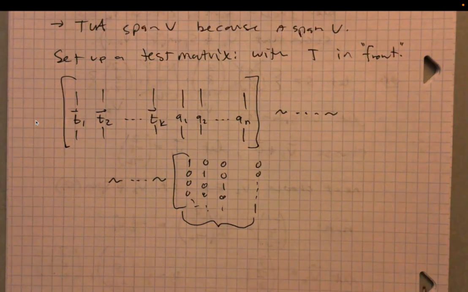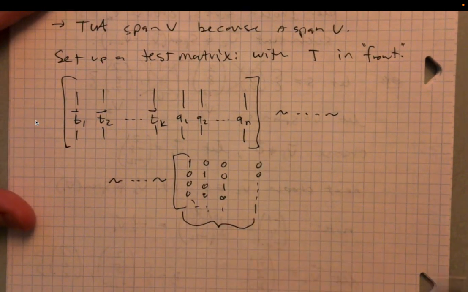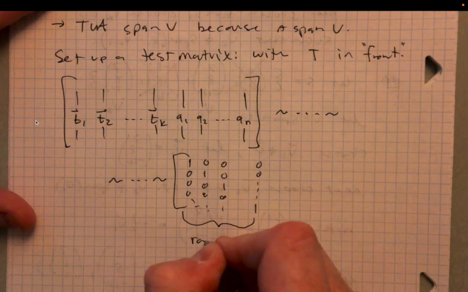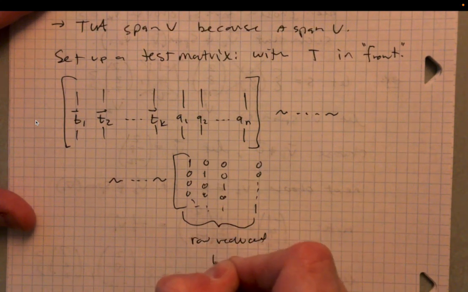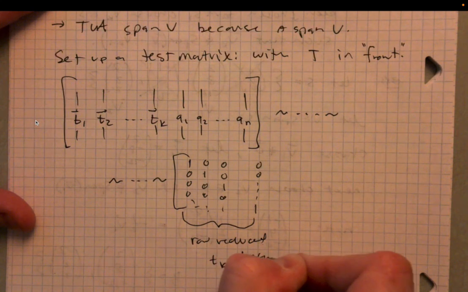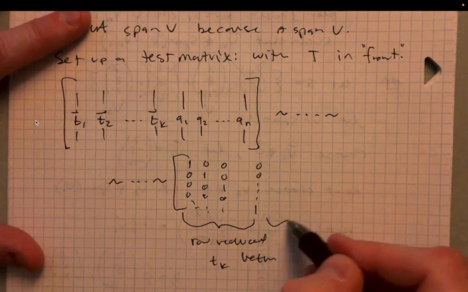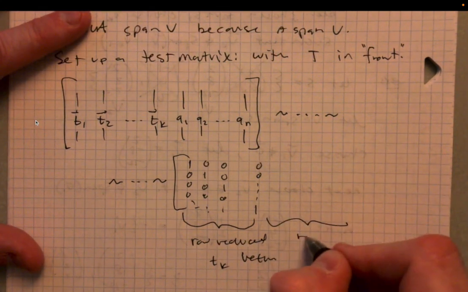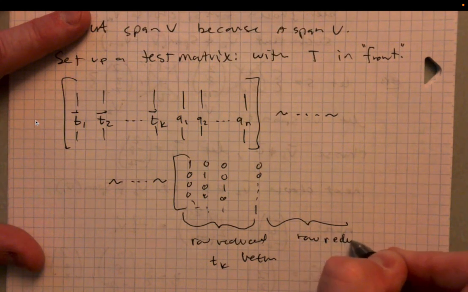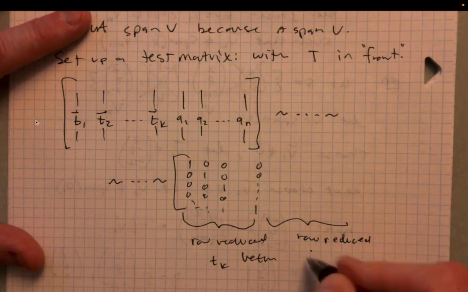And why is that? Well, T1 through Tk are linearly independent, so that's what happens. So these are the row reduced Tk vectors. Now, what happens over here is less clear. Some of these will have pivots, some will not.